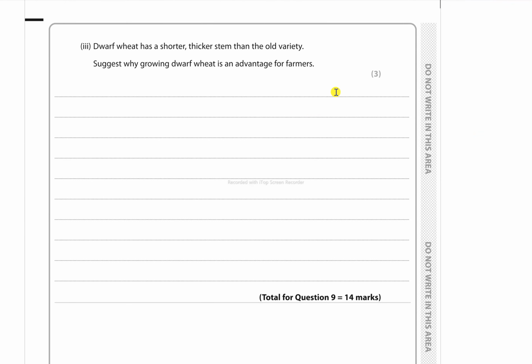Right, dwarf wheat is shorter than old rye. It suggests why growing it is an advantage for farmers. Okay. Right, first of all, more of the plant's energy is used for the wheat grain.